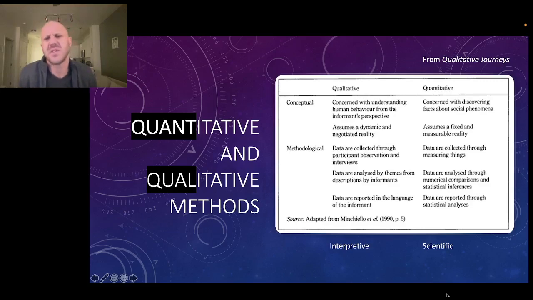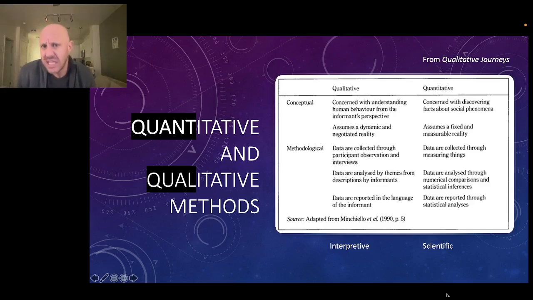Over here at this graphic you see here, we can get a better understanding. Qualitative research conceptually is concerned with understanding human behavior from the informant's perspective, and it's going to assume a dynamic and negotiated reality, right? We're trying to understand the subjective meanings of certain behaviors and certain communication. And so when we mean it's a dynamic reality, we mean that meaning is negotiated and interpreted.